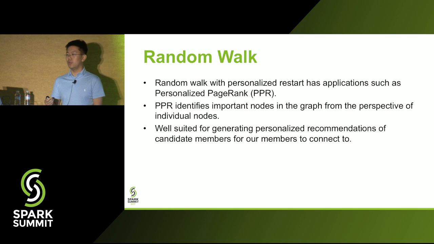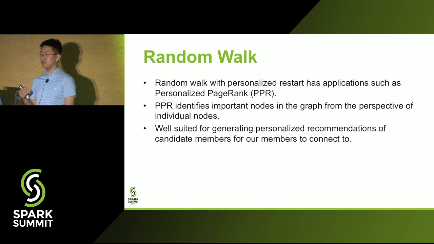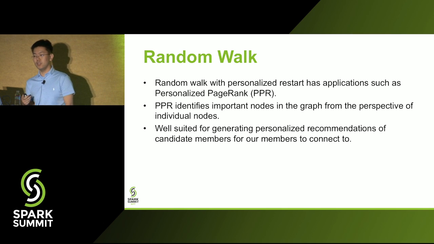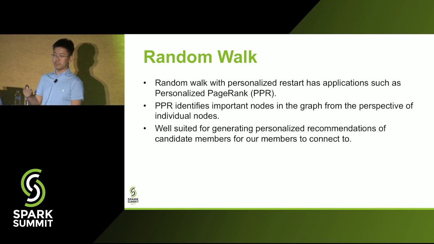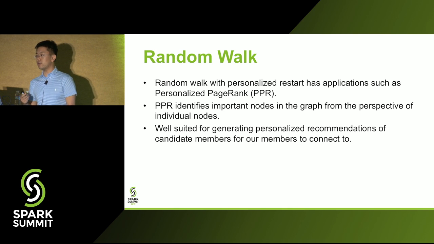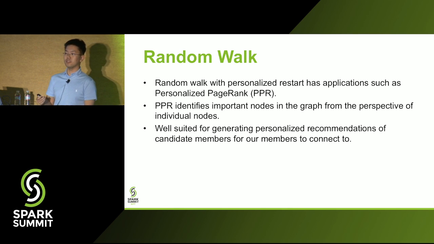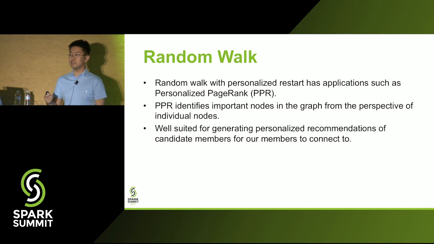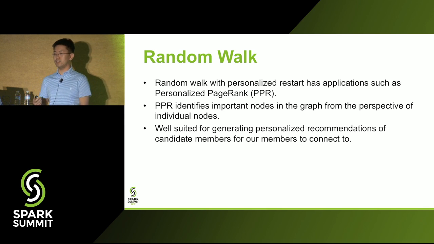For example, let's consider a graph representing people's connections. Within this graph, the US president could potentially be an important node. However, for some people, the US president may not be that relevant or important, so it does not make much sense to recommend the US president to these types of people.